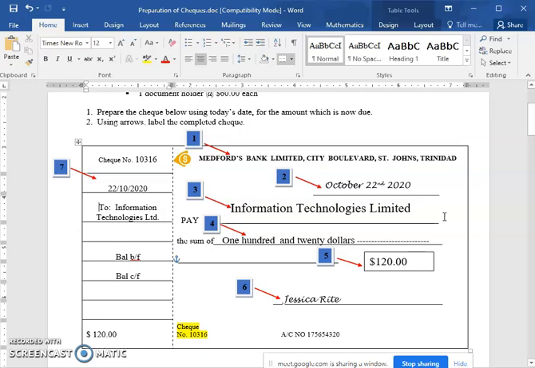So if you've gotten all those answers, congratulations to you and well done. Good luck to you in all activities similar to this one where you will be required to prepare a check and label that check.